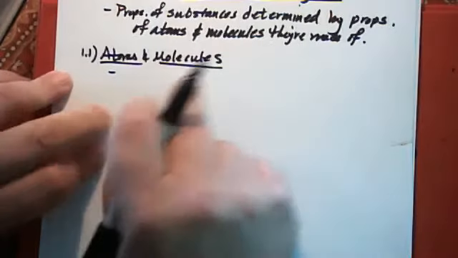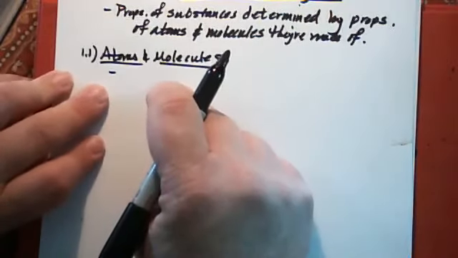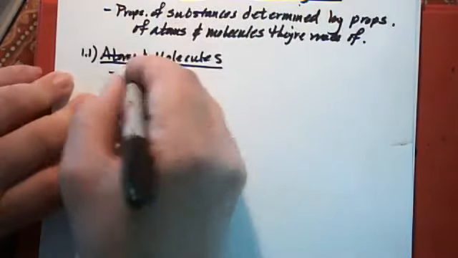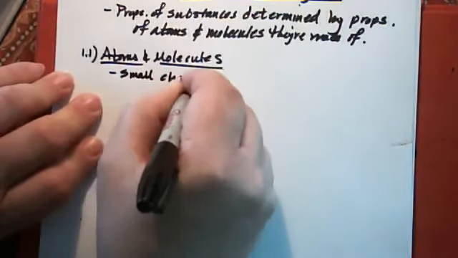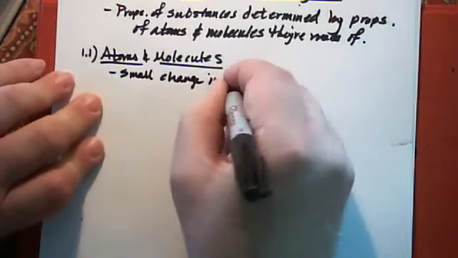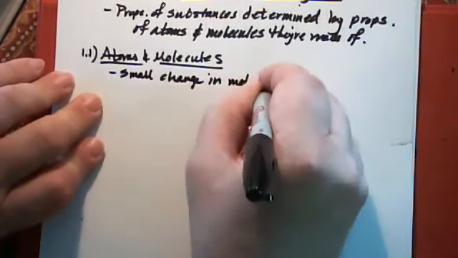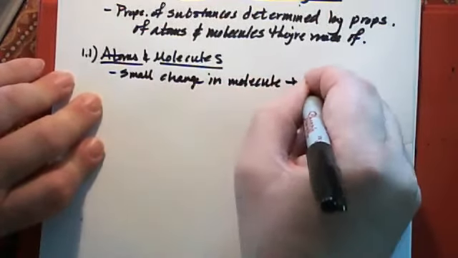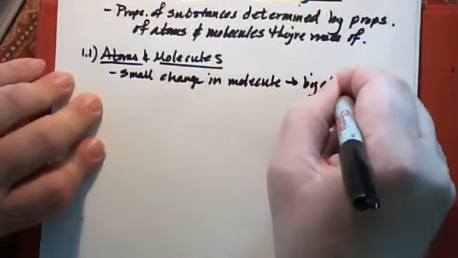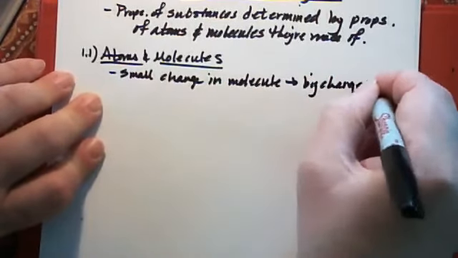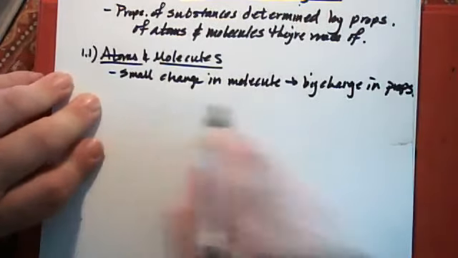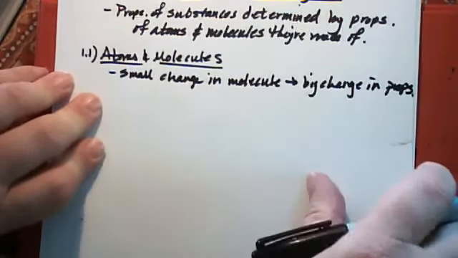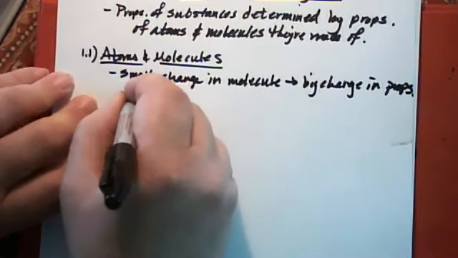You can look at what happens when you make even a small change in a molecule. So a small change in a molecule can lead to a big change in properties.